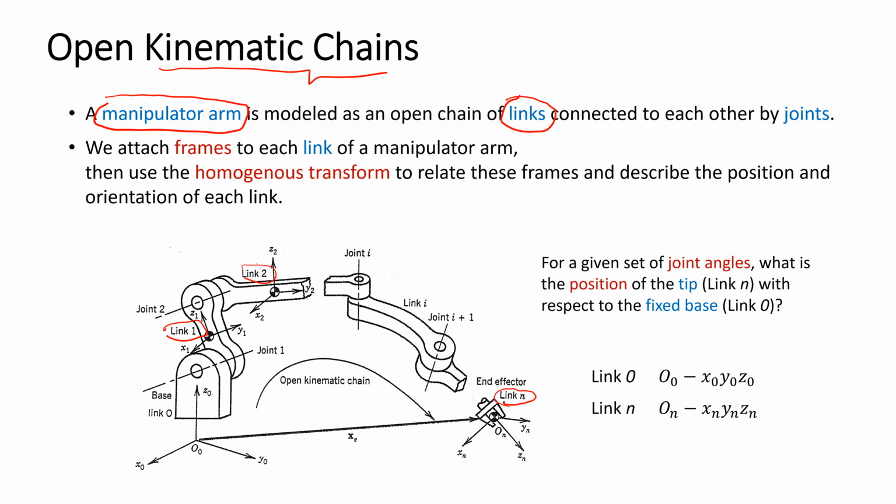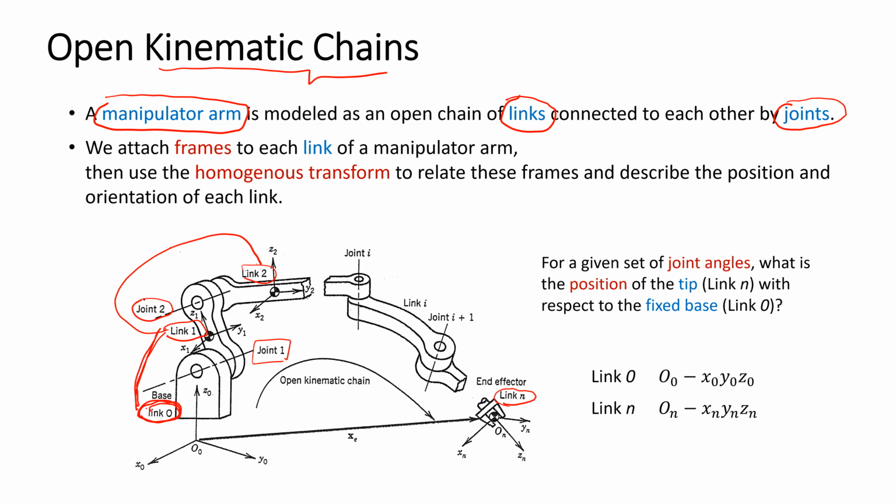And the links are connected with each other by joints. You can see that the base frame is link 0. Link 0 is connected with link 1 by joint 1. Link 1 is connected to link 2 by joint 2. The links are connected with the neighbor link by the joint.